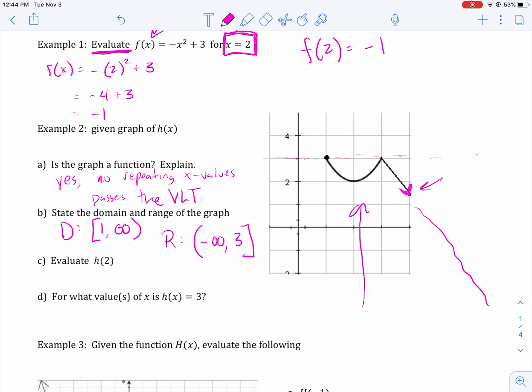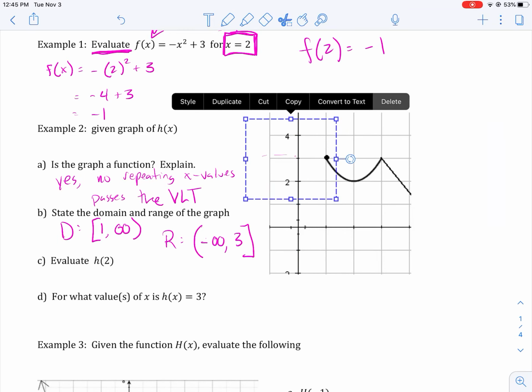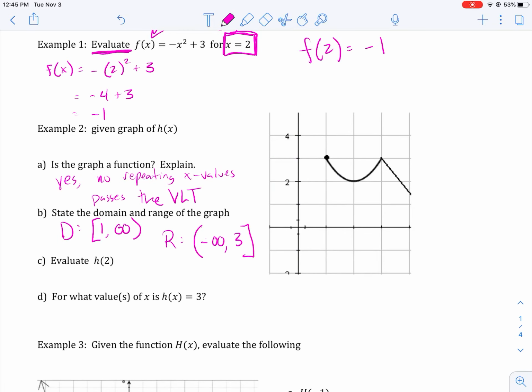Down here it says evaluate h of 2. What it wants to know is, if my input was 2, what is my output? If there was an equation, you would do what we did up here. When x is equal to 2, we had to take this value and plug it in.